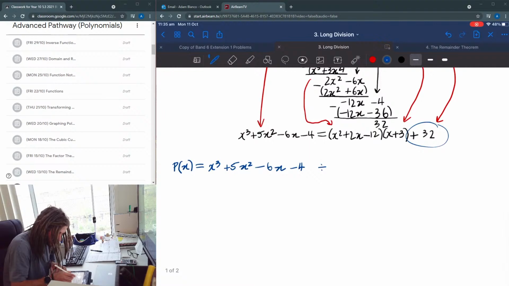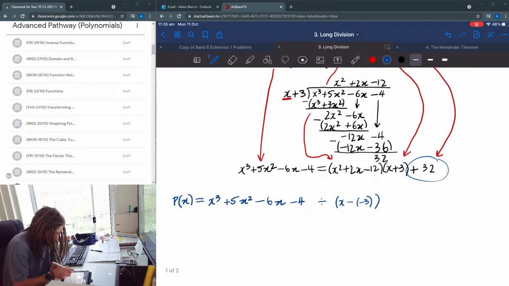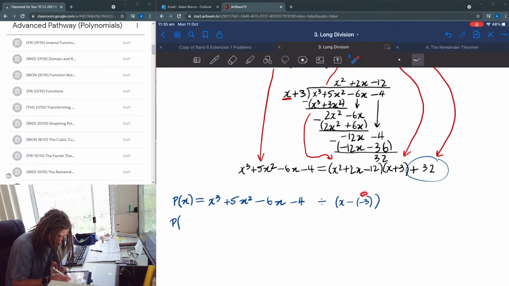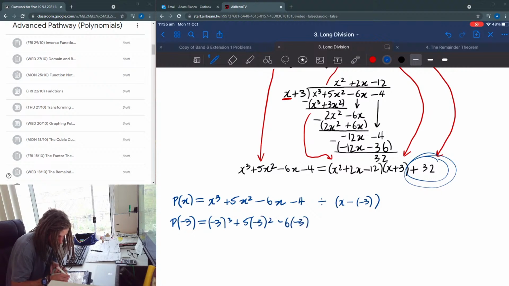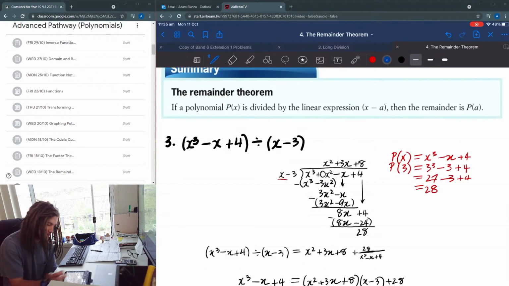So divided by x minus minus 3. See how I've got x plus 3 and I've written it as x minus minus 3. Then P of that thing I'm subtracting, so P of minus 3, should equal this 32. I did this before on my calculator and I actually did get 32. I think that's a pretty cool theorem.